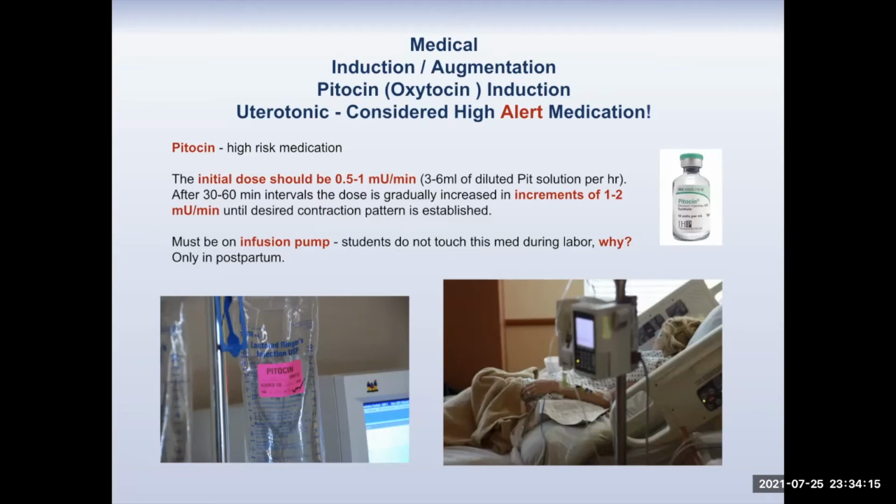Students, do not touch this med during labor because it can cause a hyperstimulation. With a hyperstimulation, I want you to think what that means. What does it mean for mom? Cramps. She's uncomfortable. They're coming close together. They're very big. But more importantly, what does it mean for baby? That means the baby's not getting a resting tone between contractions.